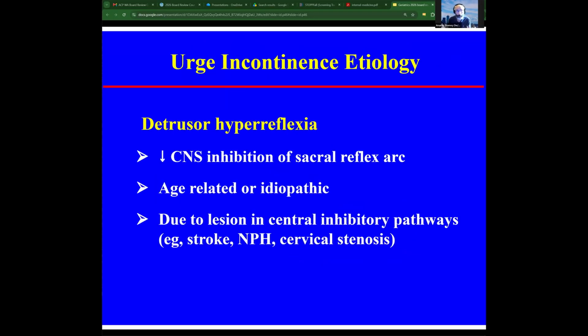So for detrusor hyperreflexia, usually this is driven by either a decrease in central nervous system inhibition of that reflex arc. It can be age-related or idiopathic, or it can be due to a lesion in the central inhibitory pathways. So you're thinking about things like a stroke, cervical stenosis, or some other spinal cord lesion, or of course, normal pressure hydrocephalus.